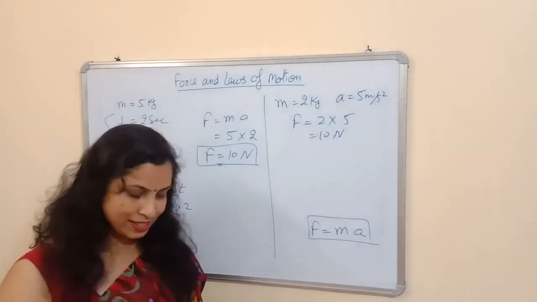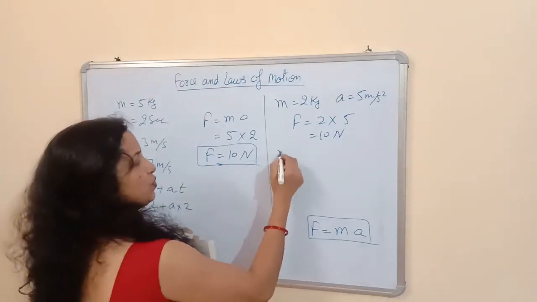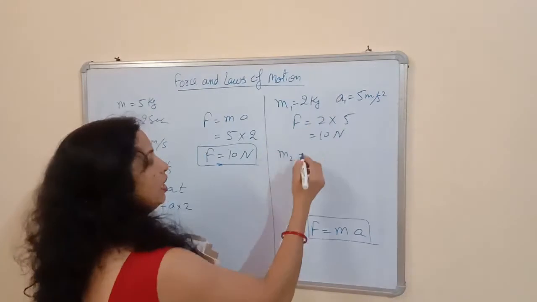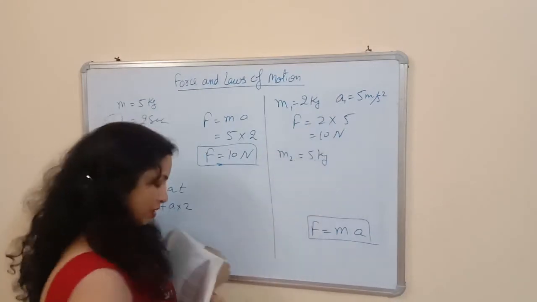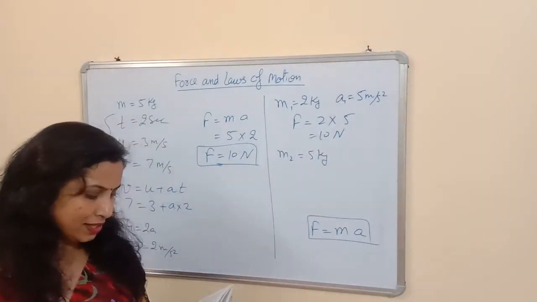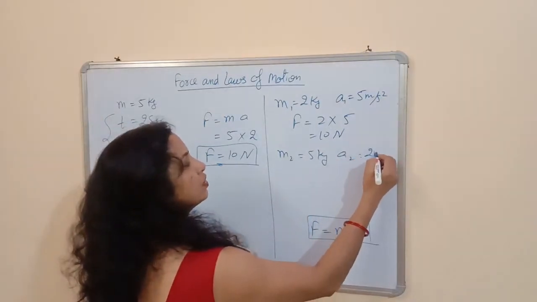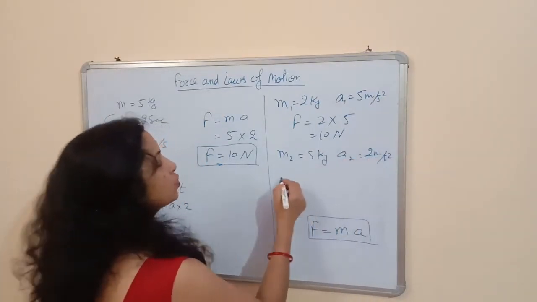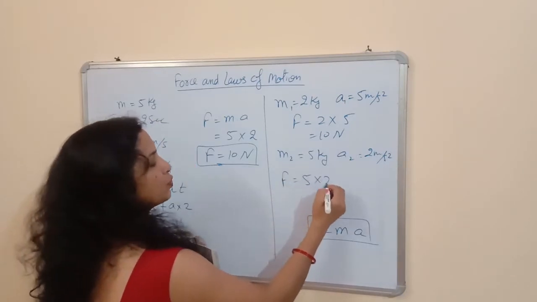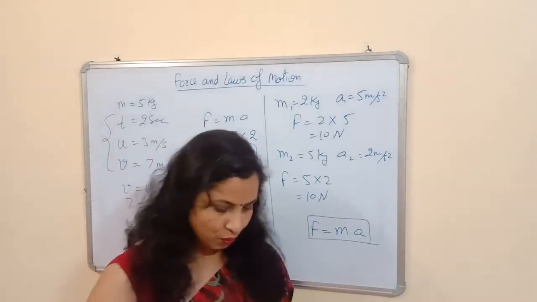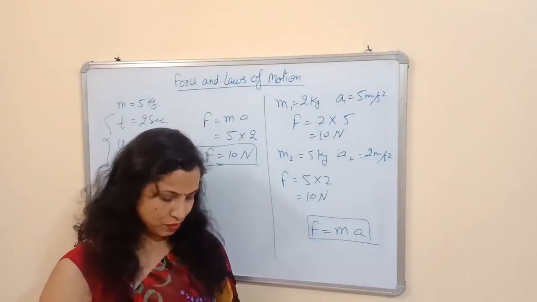For the second case, the mass is 4 kg. So we can write it like m1, a1, and m2, and the acceleration is 2 meter per second square. So force is equal to m into a.